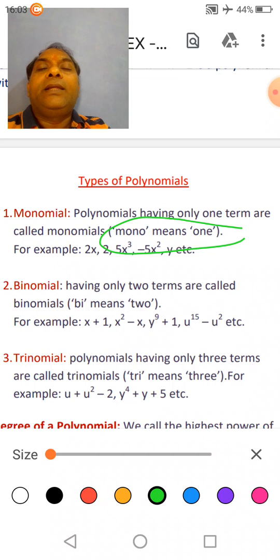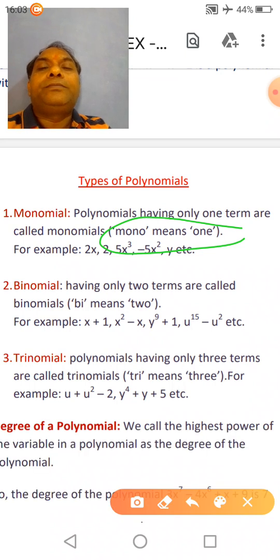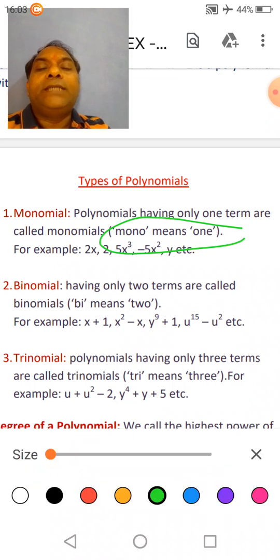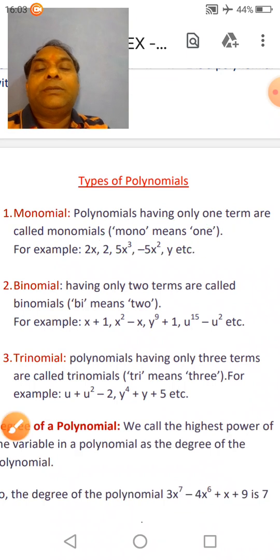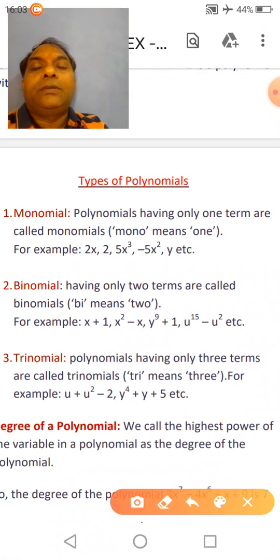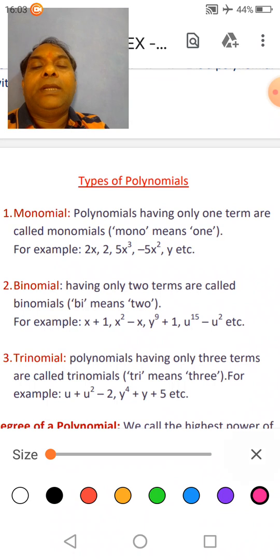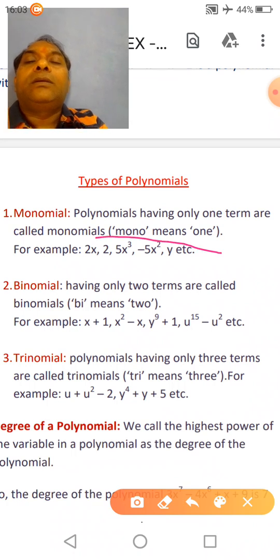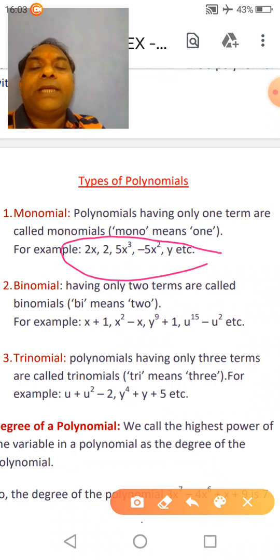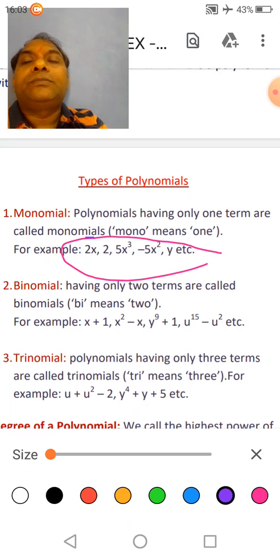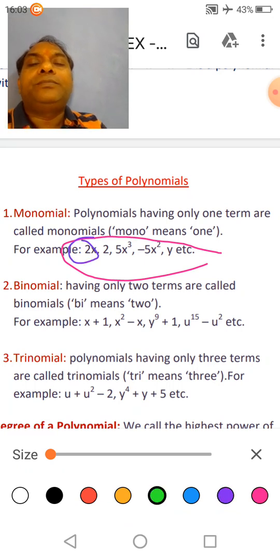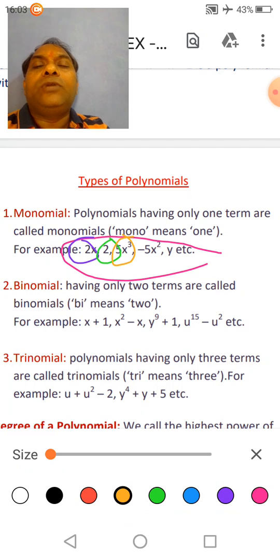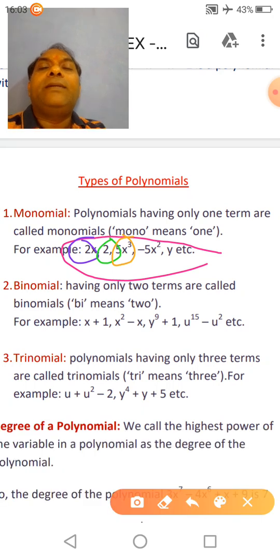So a polynomial having one term is known as a monomial. Clear? For example, 2x, only one term. 2 is also a monomial because it has only one term. 5x cube is an example of a monomial because it has only one term. So we can say that polynomials having only one term are called monomials.